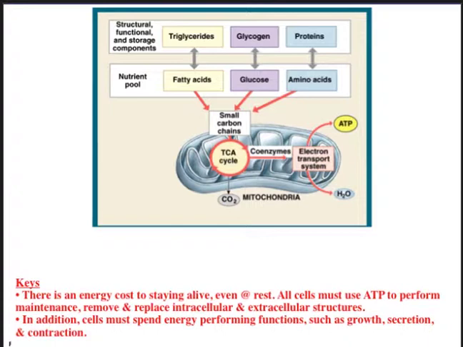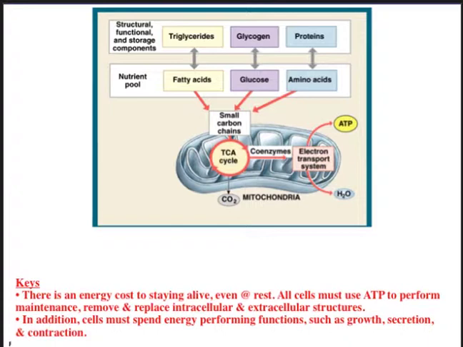This term "at rest" is really a misnomer, because even when we are technically at rest, the tissues are still performing maintenance functions that require ATP. When you're asleep, for instance, you're still breathing, muscles are still contracting, ATP is still being used to do things like maintain membrane potential, send nerve signals, excrete waste, processes that are constantly ongoing, housekeeping processes, as it were.